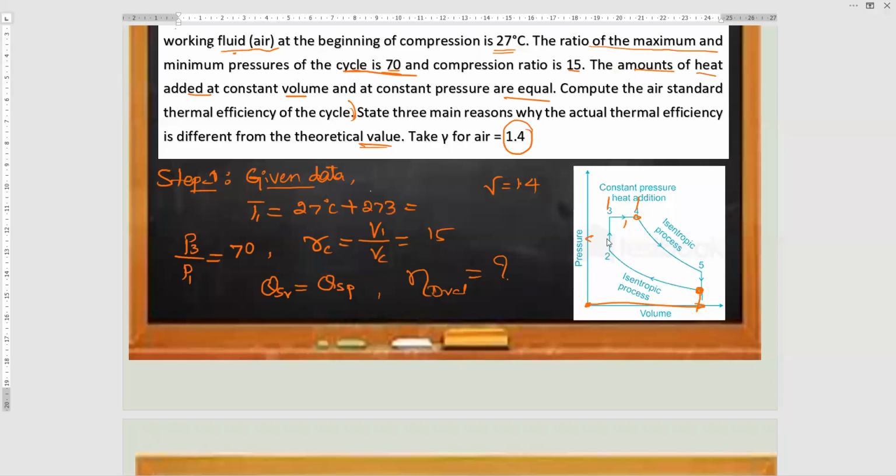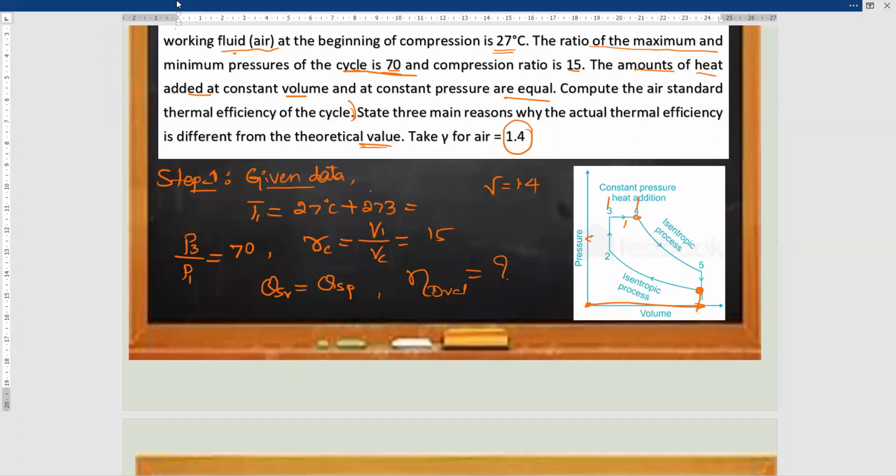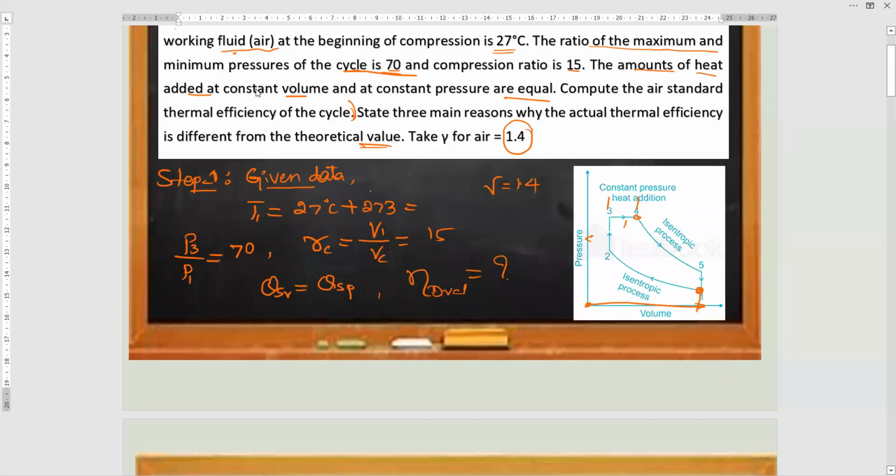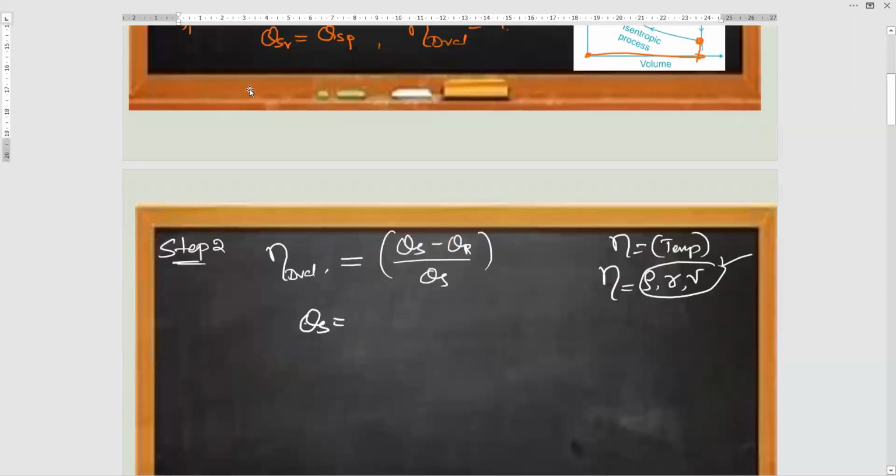Yes. Now, this is also a heat addition. Here 2 to 3 is heat addition at constant volume, 3 to 4 heat addition at constant pressure. So first I will write the equation for constant volume. Qs is equal to, you know the equation, m Cp delta T, but here it is not Cp, it is Cv.